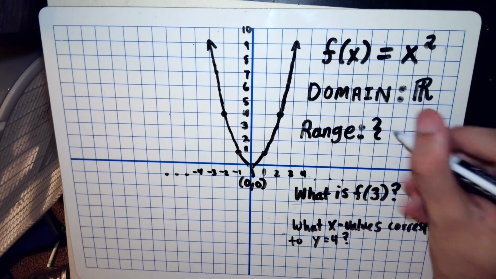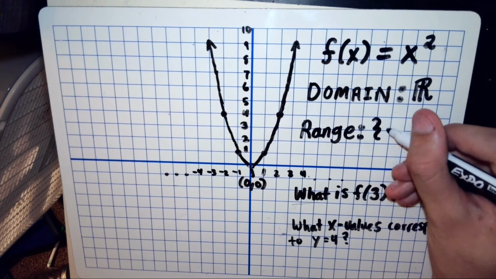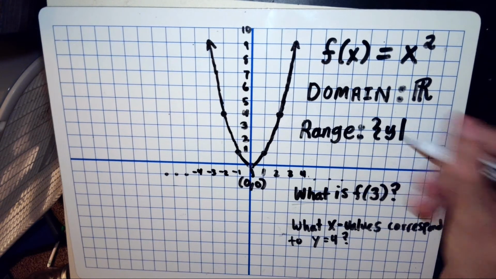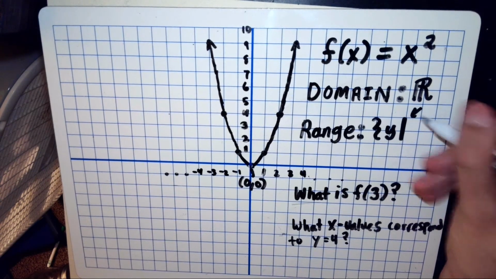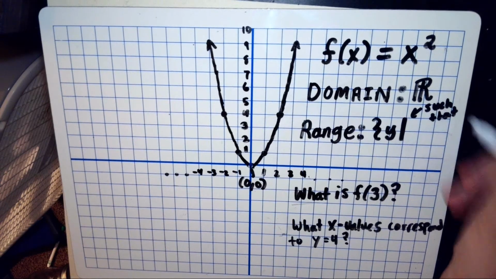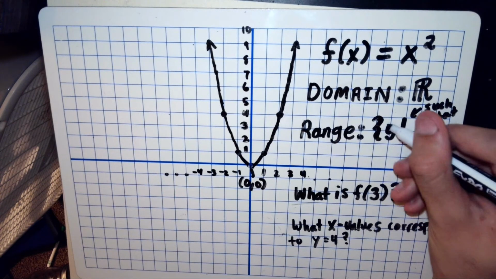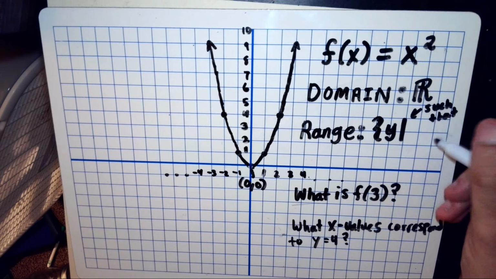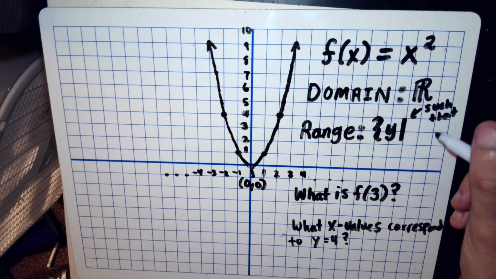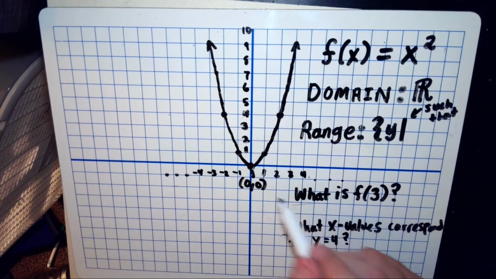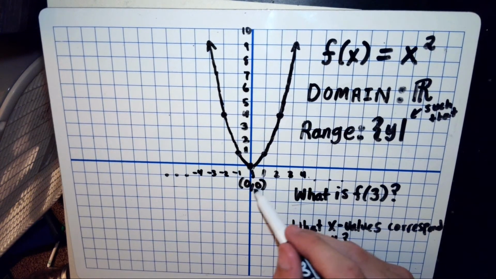is 0. So what we can say is that the range is the set of all y's such that y is always at least 0, because the lowest it can be is 0.